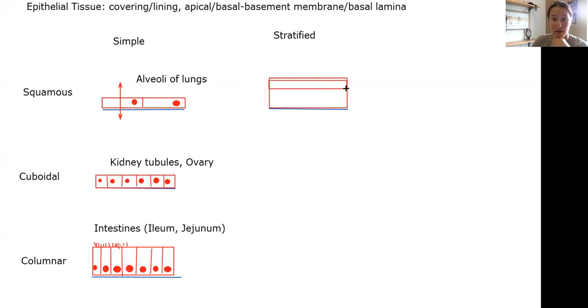contacting the basement membrane. Right, so just to speed this up a little bit here, these are all multiple layers of cells. Okay, they're not beautiful cells, but they are multiple layers of cells nevertheless. In general, you are again looking for the nuclei.